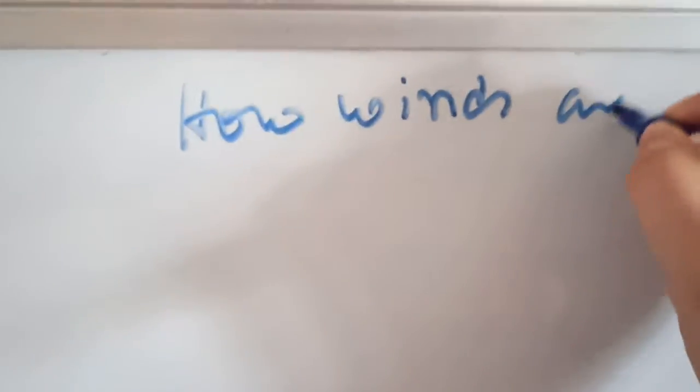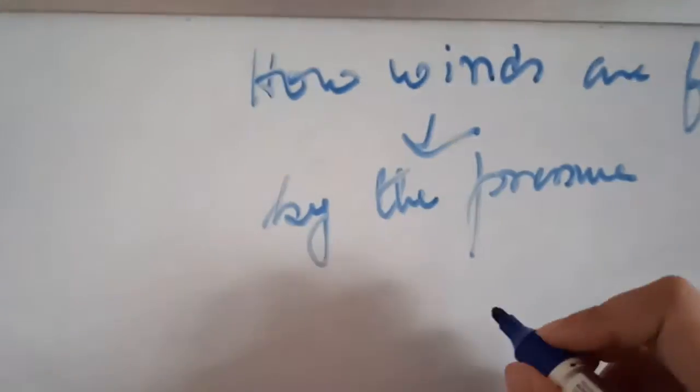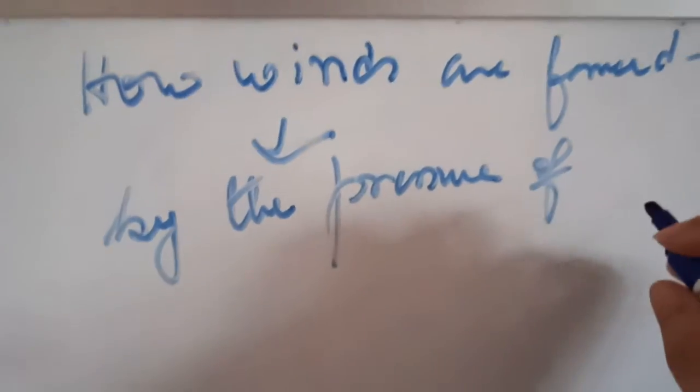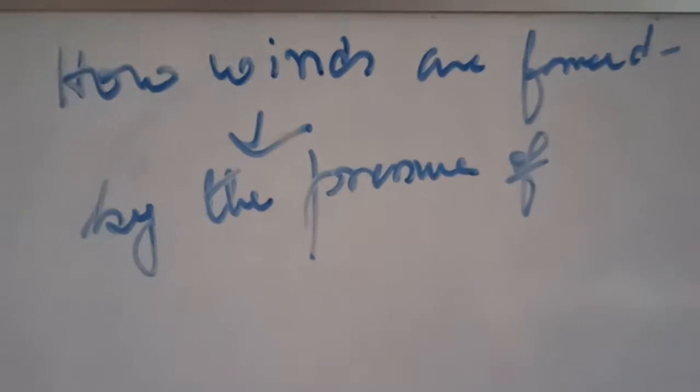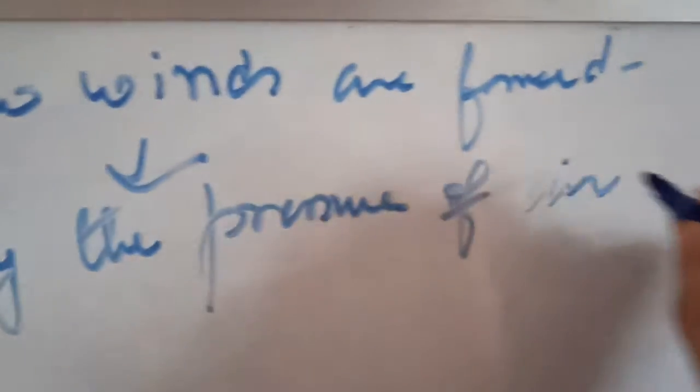How are winds formed? Winds are produced by the pressure difference between two regions, or pressure difference of air between two places.